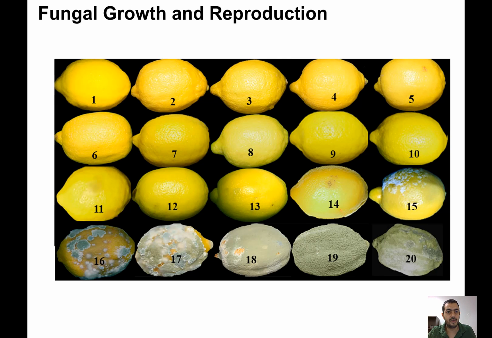Okay, so let's continue, guys, on the topic of fungal growth and reproduction. As you can see here, we have multiple images showing a lemon and the growth of fungi on this lemon.